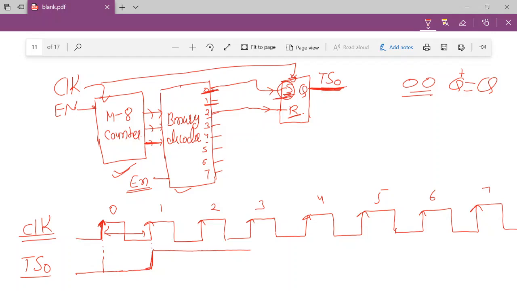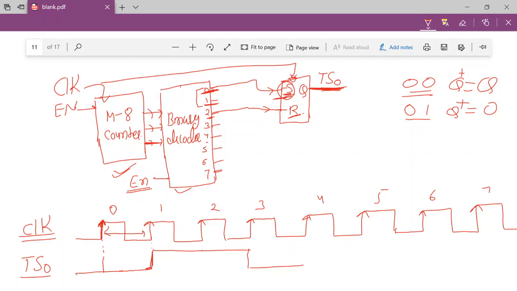Now the counter will shift to the next state, that is 2. That means your second output will become 1 and the other two outputs will become 0. That means the value of S becomes 0, R becomes 1. In that case Q plus becomes 0, right? So Q plus 1 becomes 0. After that your S is not going to become 1 before the 7th clock cycle.